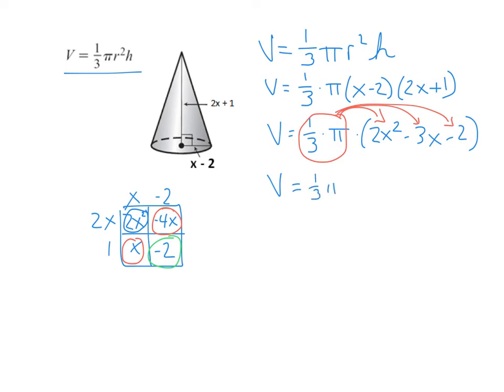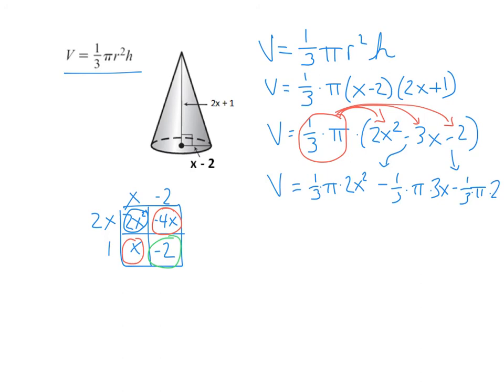So 1/3 times pi times 2x squared. And then this minus sign I'm going to bring in here, minus 1/3 times pi times 3x, and then this minus sign, minus 1/3 times pi times 2.